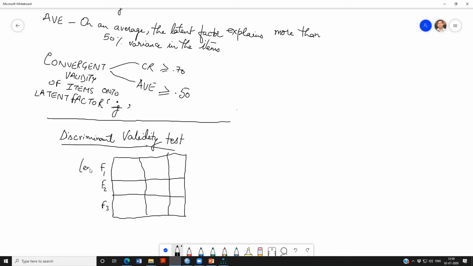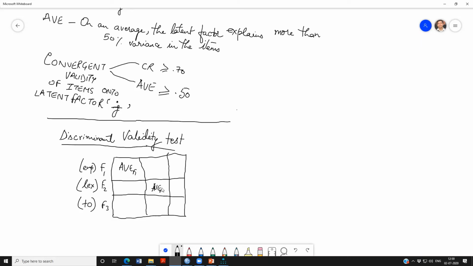F1 is EMP, let's say this is AX and this is task. Now for the discriminant validity test, I will report the AVE for the three factors along the diagram.